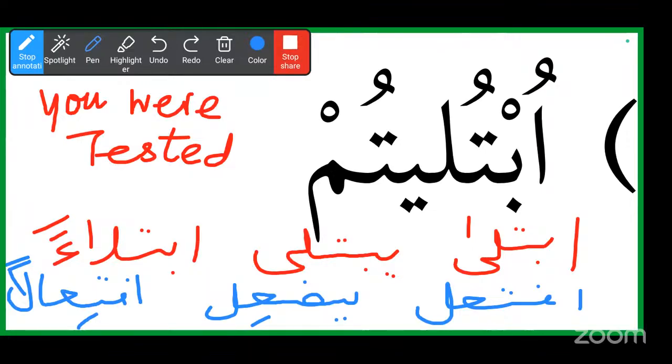This is only one example, but there is a harf illat at the end, on the lam kalima. So it needs to be understood in detail, how which letters are switched with which letters.